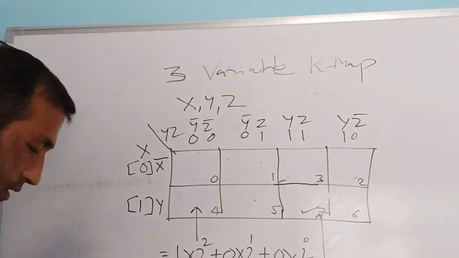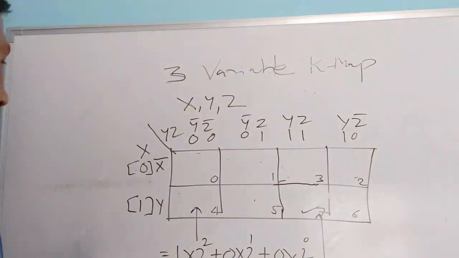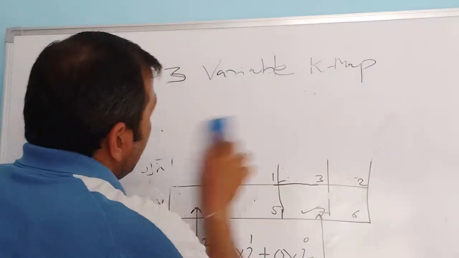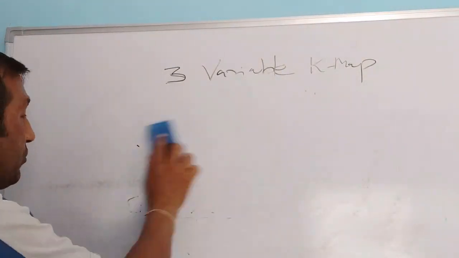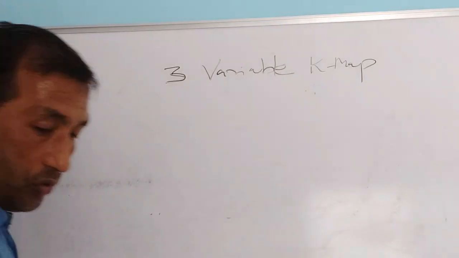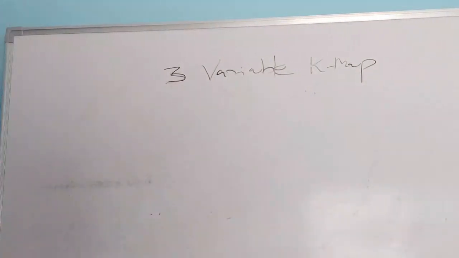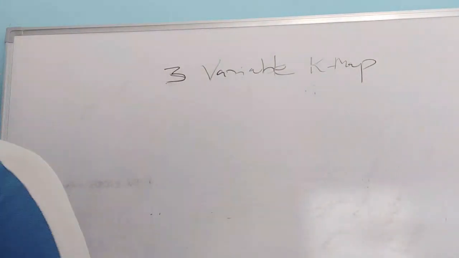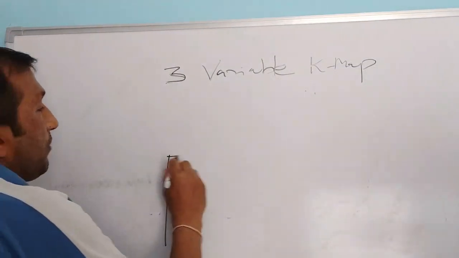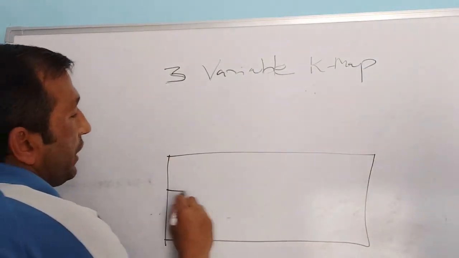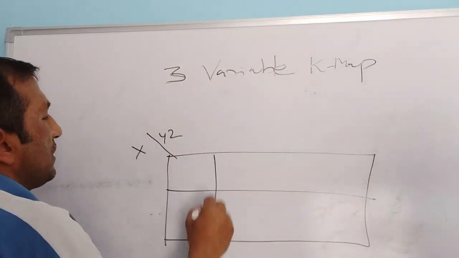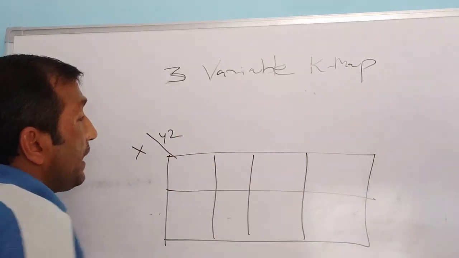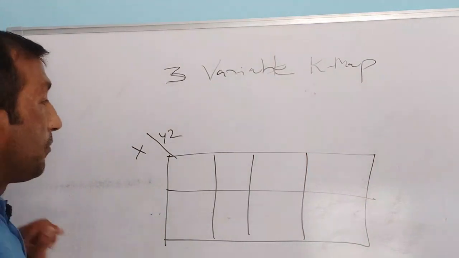Now, how will you remember this? Each time you need not do this. If there is any question on 2 variable or 3 variable, you need not do this. So how will you remember? I'm just giving you a trick and then we'll go to the 4 variable K-map. For 3 variable K-map, if there is any question, you quickly draw this 3 variable K-map with X over here, Y, Z goes here, then you have 4 columns, and then you do the numbering.